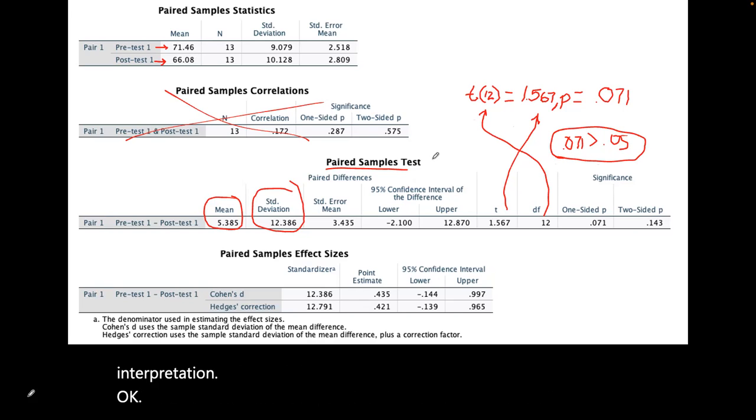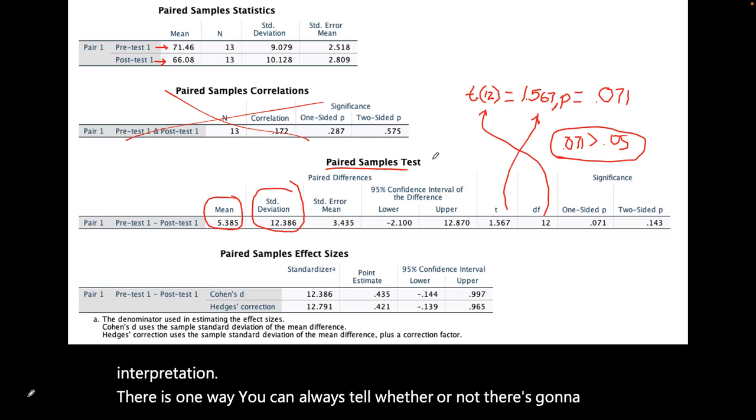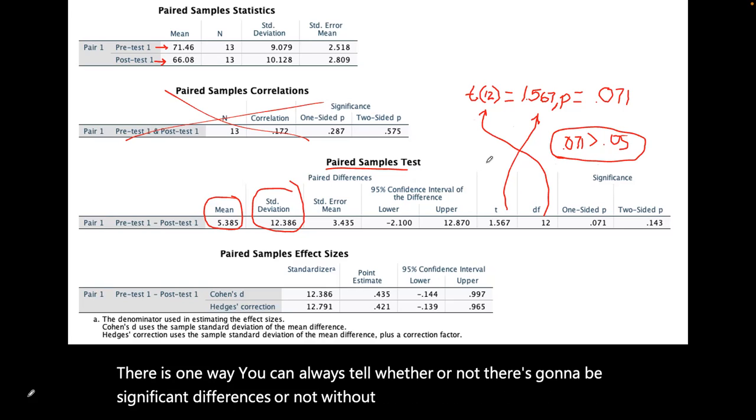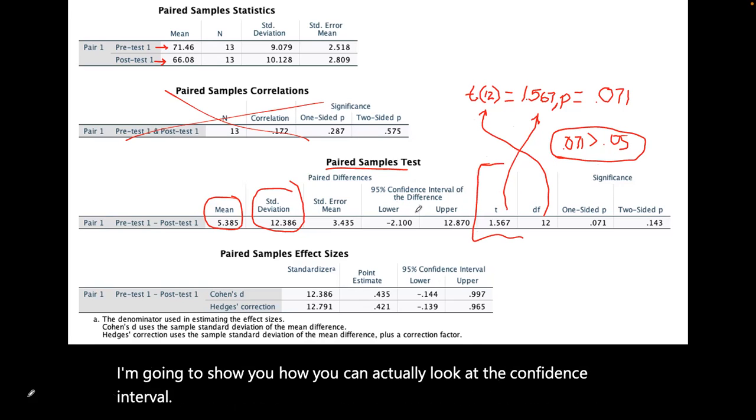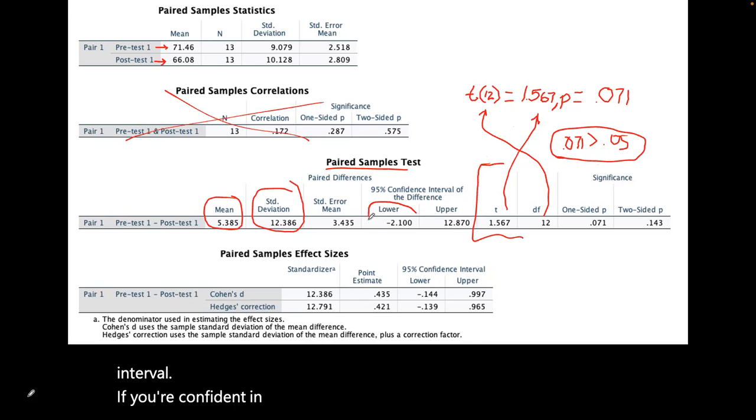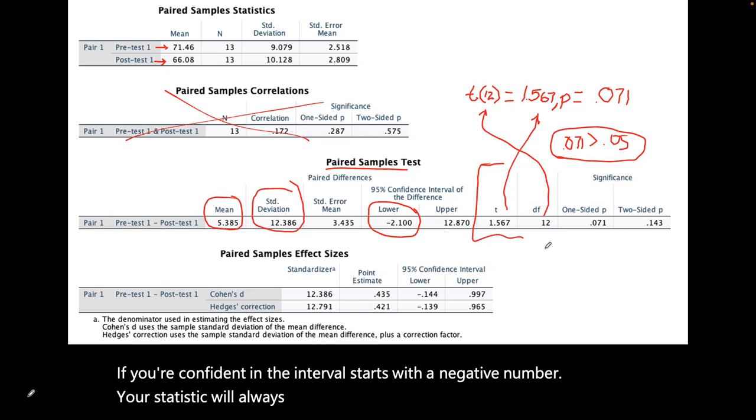Now, there is one way you can always tell whether or not there's going to be significant differences without even looking at this part, and I'm going to show you how. You can actually look at the confidence interval. If your confidence interval starts with a negative number, your statistic will always be non-significant.